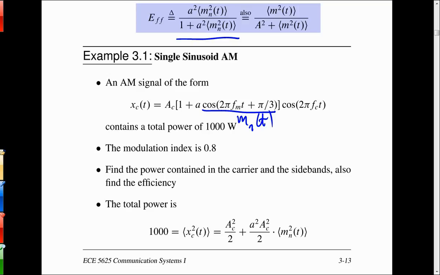And this problem starts off by saying the transmitter is broadcasting 1,000 watts. For AM radio, this would be really low power, relatively speaking. Most of them are in the kilowatts of power. But at any rate, that's the total power. So P total is 1,000. And that's the power in the carrier, and then the power in the sidebands.